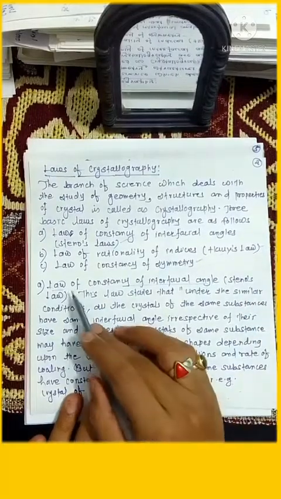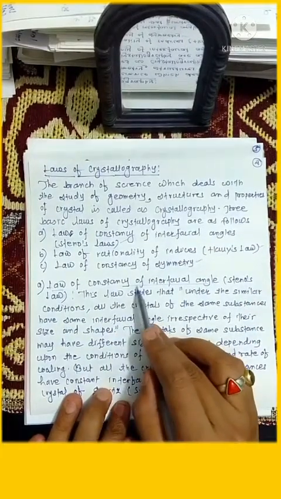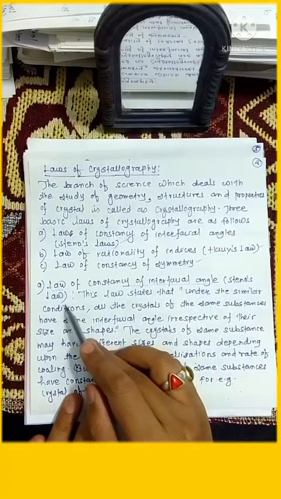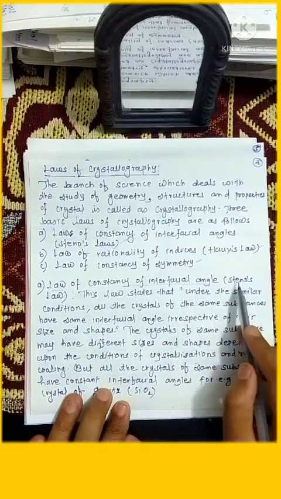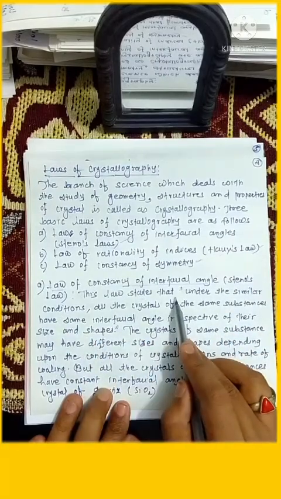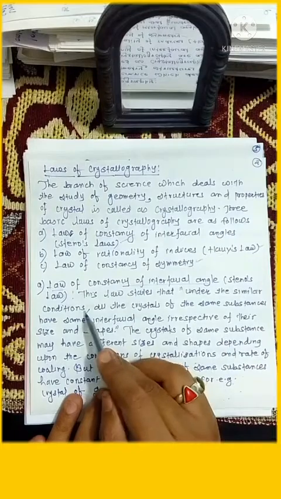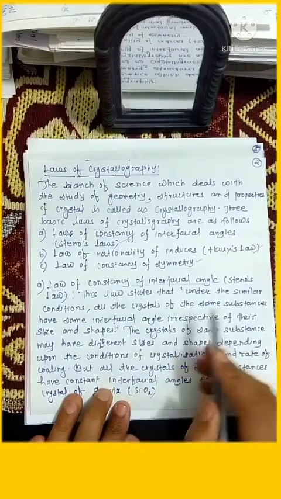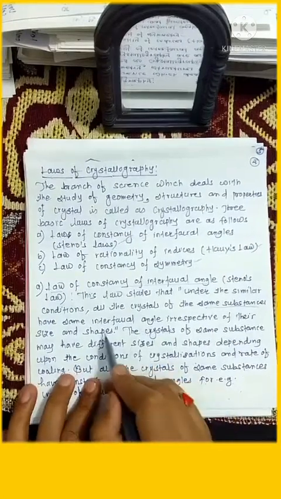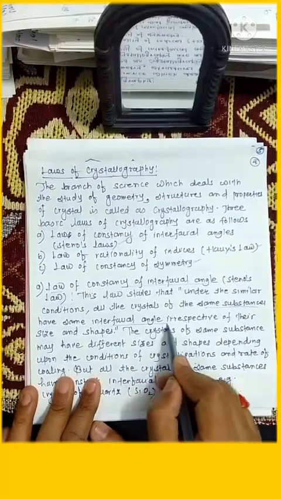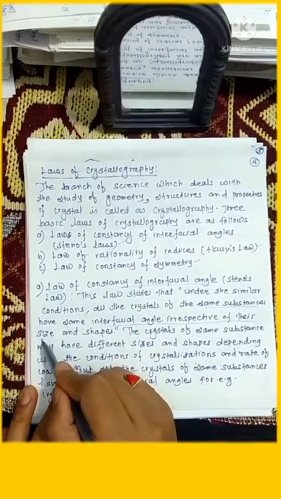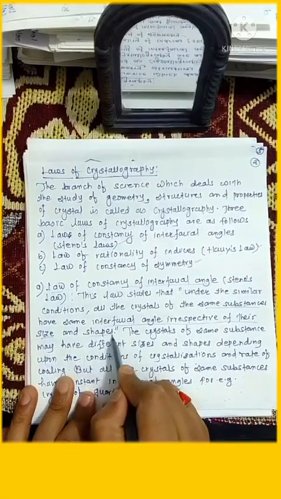Now we are going to see the law of constancy of interfacial angle, that is Steno's law. This law states that under similar conditions, all the crystals of the same substance have the same interfacial angle, irrespective of their size and shape.